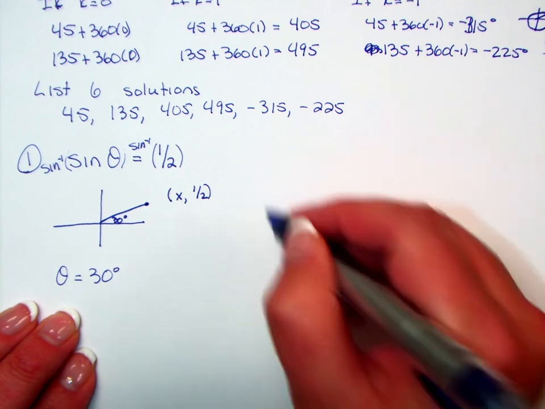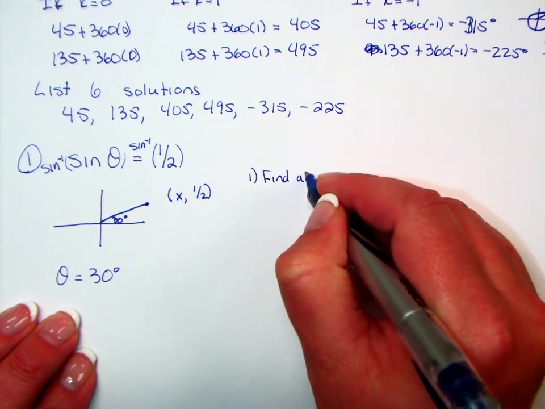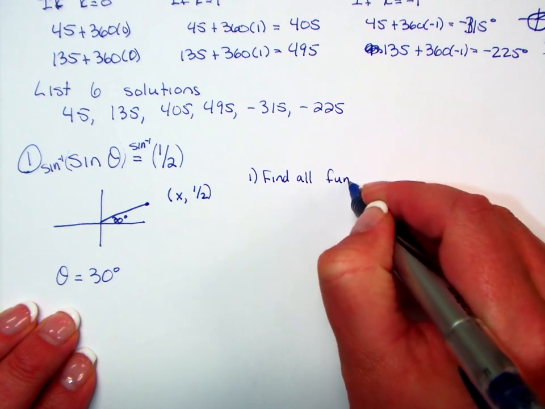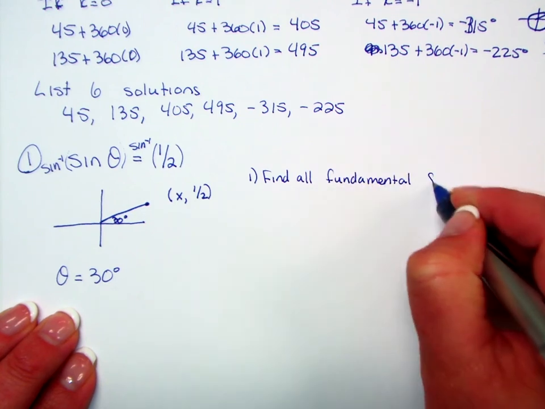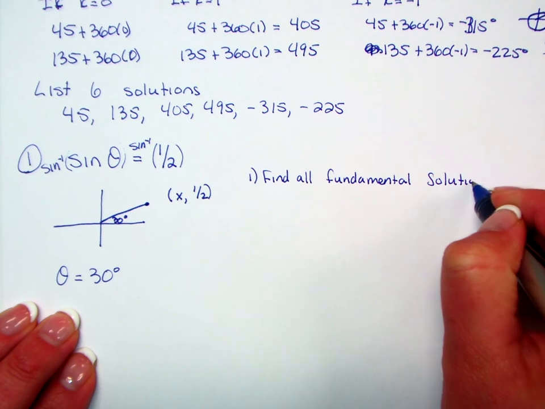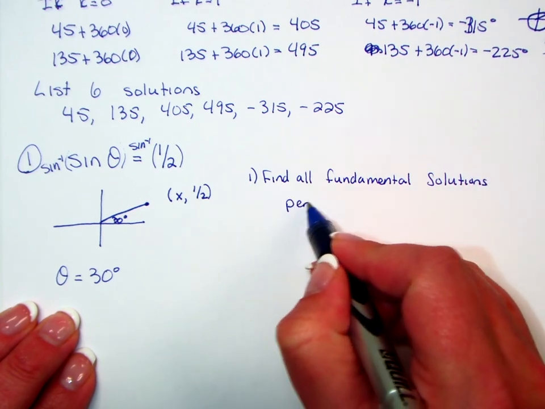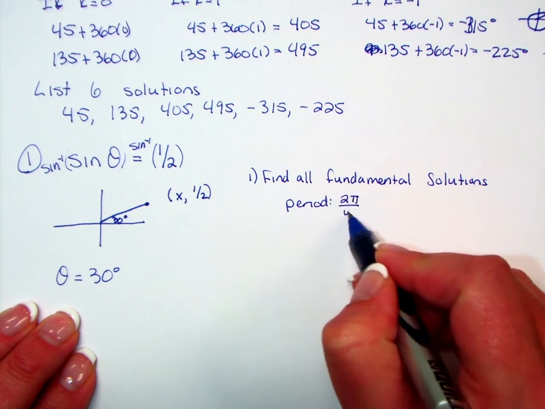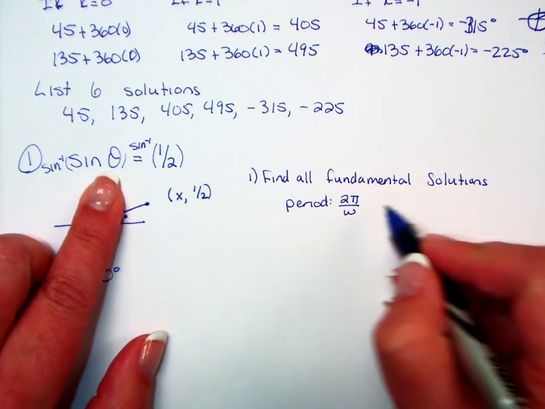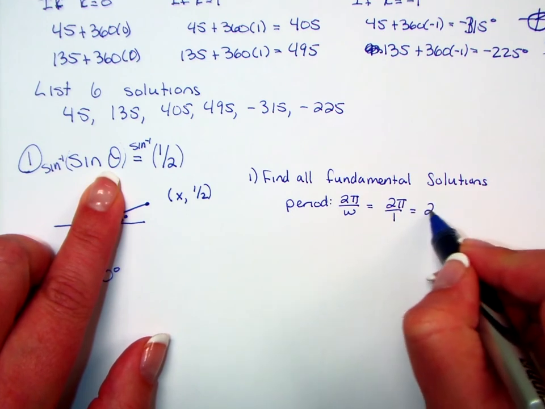So let's go ahead and first find all fundamental solutions. All right, so since the period of this function, okay, is 2 pi over omega, notice our omega is just 1 here, so we're just going to get 2 pi over 1, okay, or 2 pi.